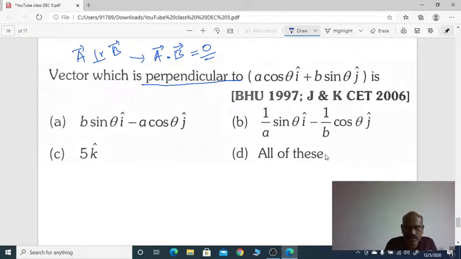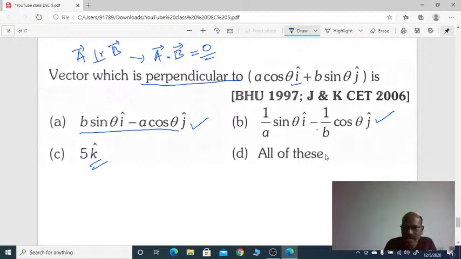That means here you see, first one take it B sin theta i cap minus A cos theta j cap, quite opposite. Now i dot i, j dot j, everything 1, you will get cancel, you will get 0, first one. Second one, see 1 by A, if you multiply A cancel, again you will get 0, minus is there, plus, again you will get 0.